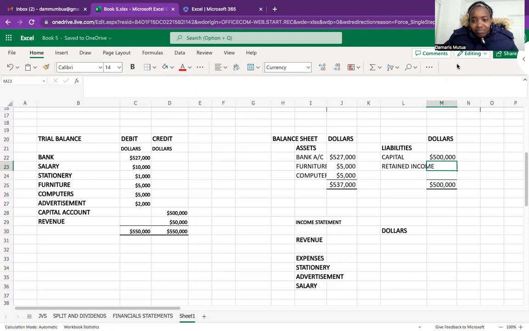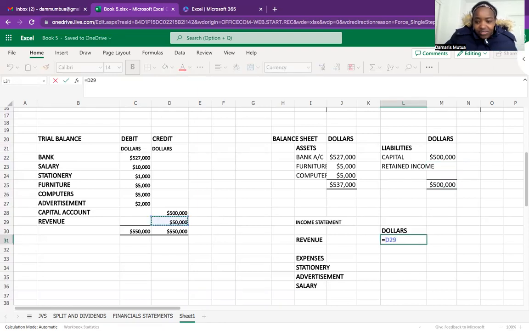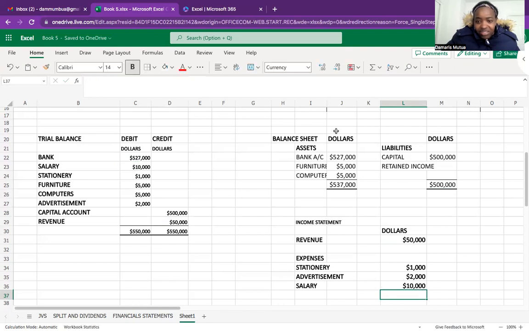Sorry guys, just a minute. I need to post my revenue, which is 50,000. Then I have my expenses, which is stationery, advertising, 2,000, salaries, 10,000. I need to know how much my expenses are.